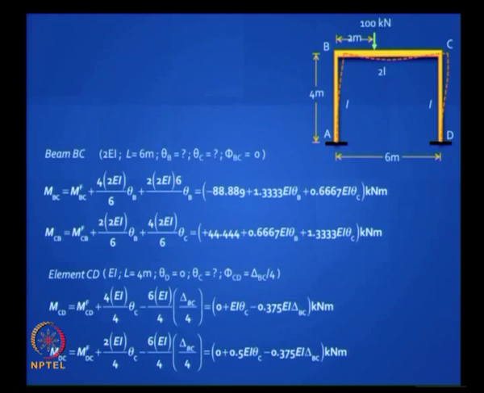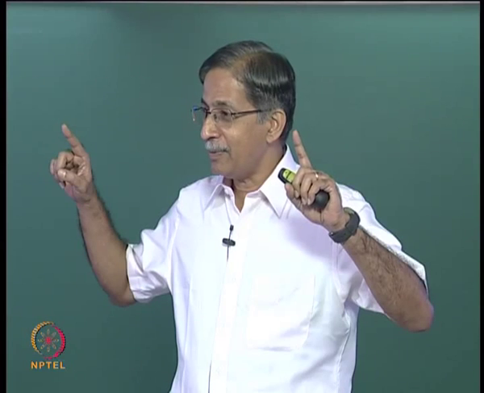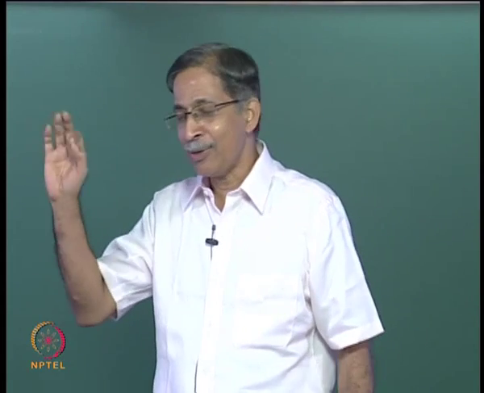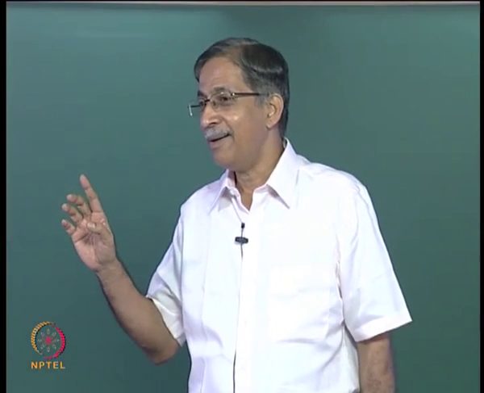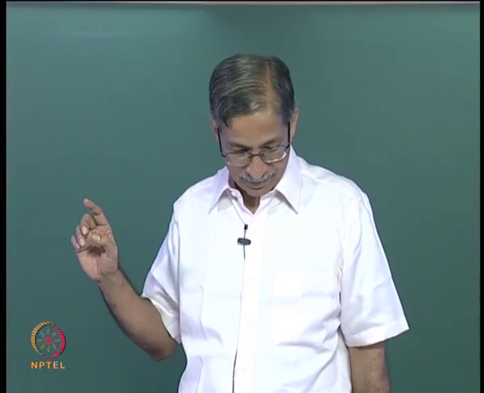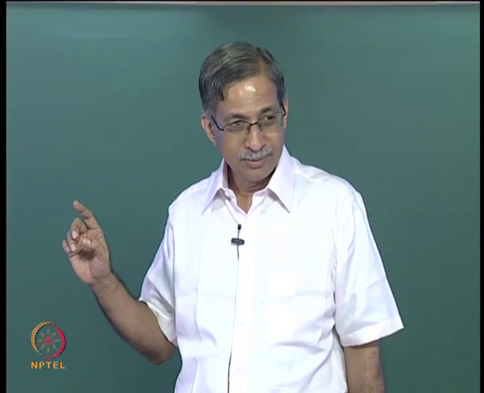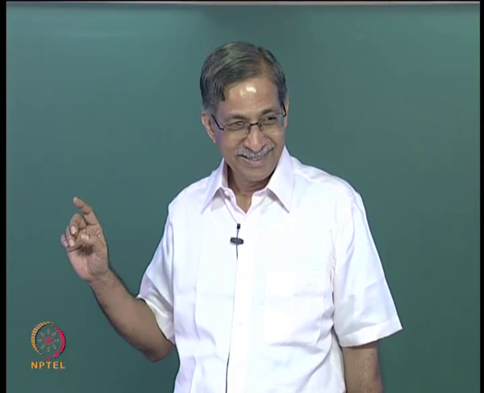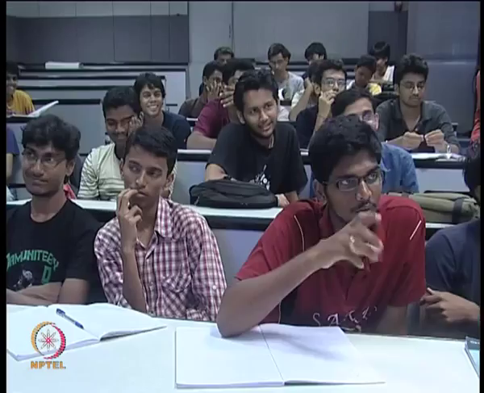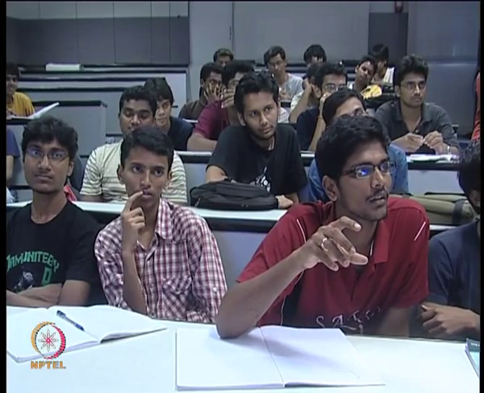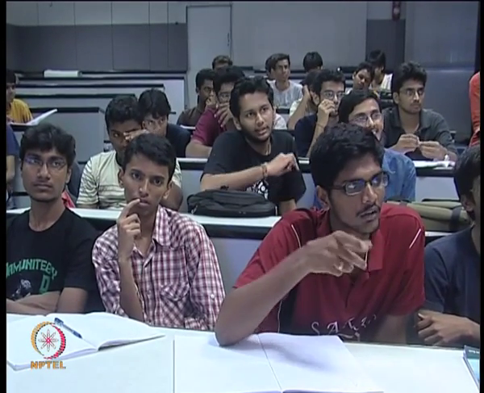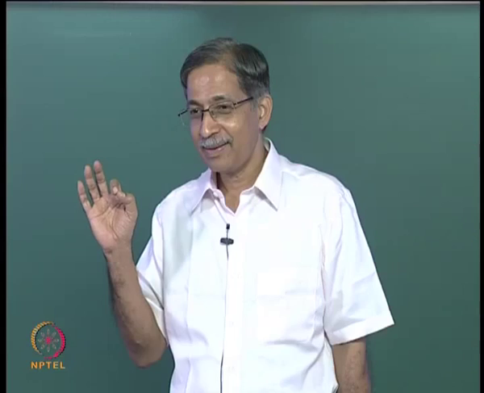You will be able to write the reaction in terms of MBC and MCB. Sir, MAB is equal to MDC. No, sir. I will give you a clue. MAB is equal to MDC? Who told you? Horizontal force at B and C. Horizontal force is different from moment. I will give you a clue.